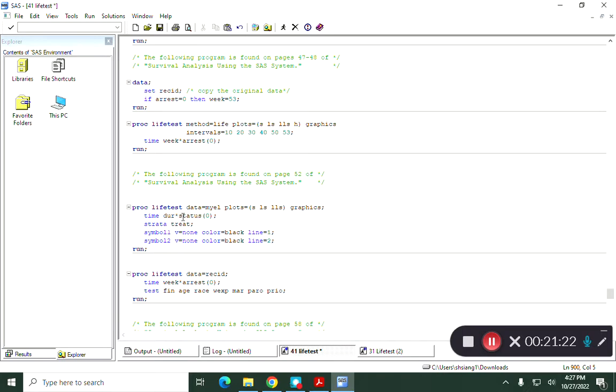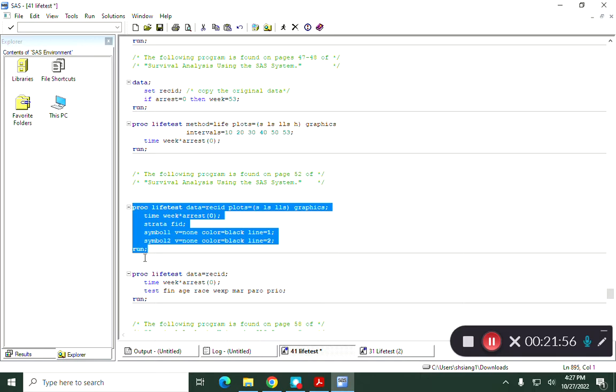I will plot every variable, okay? So I will have reset, okay? And then I will have time. The time here is week, okay? And arrest or not arrest, that's the censor variable, okay? And then I will have the strata for finance. That's one thing that I'll do.